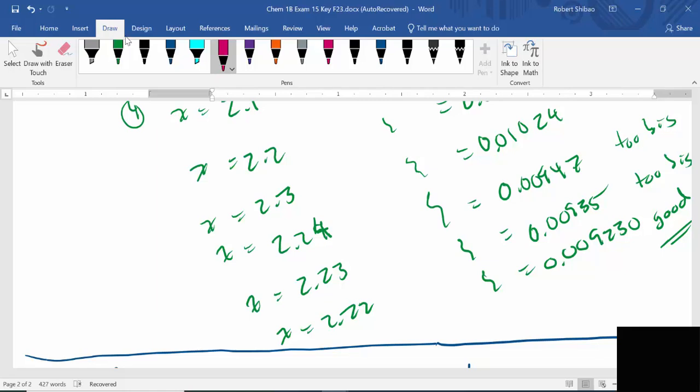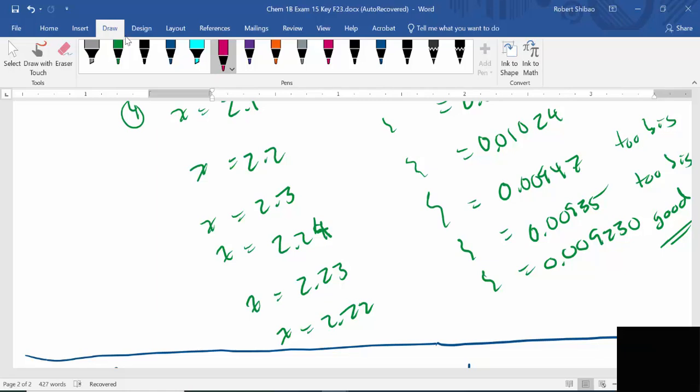Or we have too many digits here. Let's say you're starting to get 3, 4, 5, 6, 7. Most of the digits are going to be rounded off anyway. And so, if you start getting way too many digits here in your X value, it's time to say you're close enough. Or if the K value rounds to what your target is, then you're close enough.